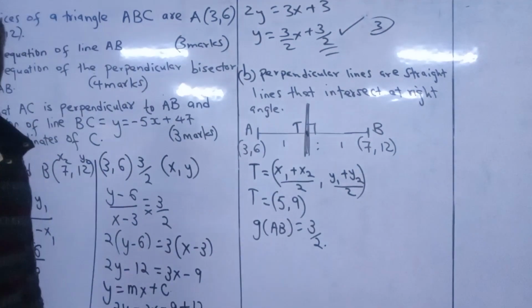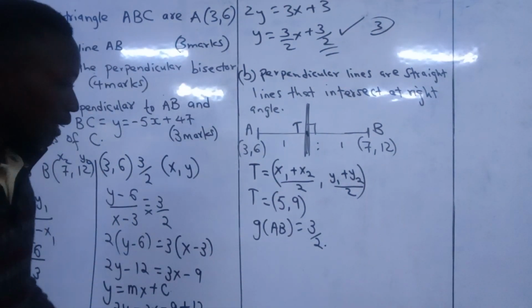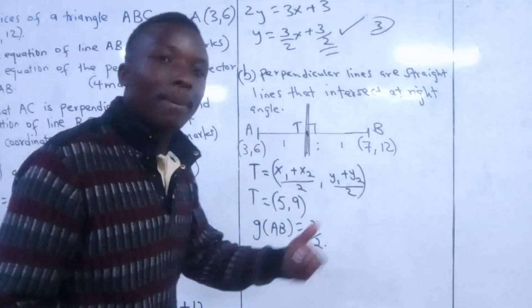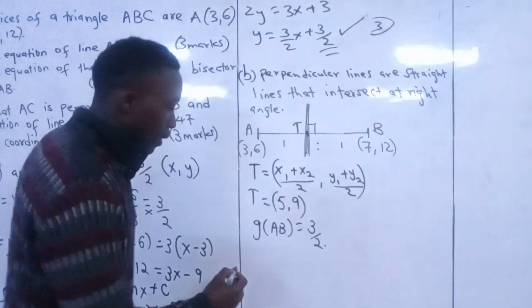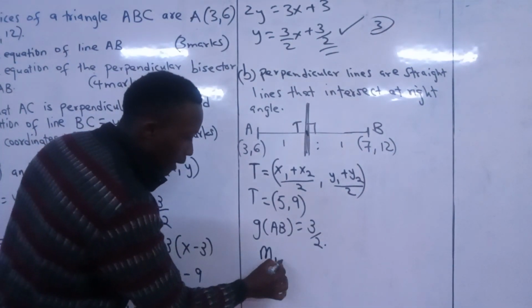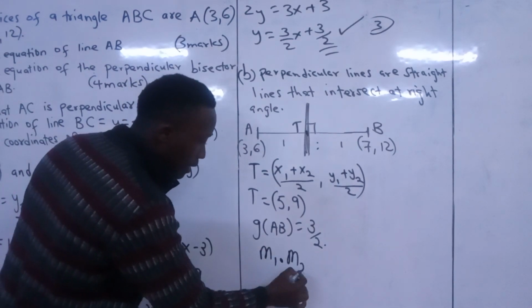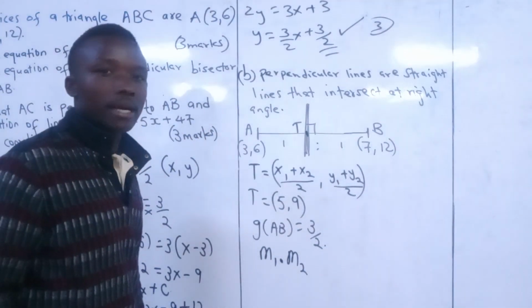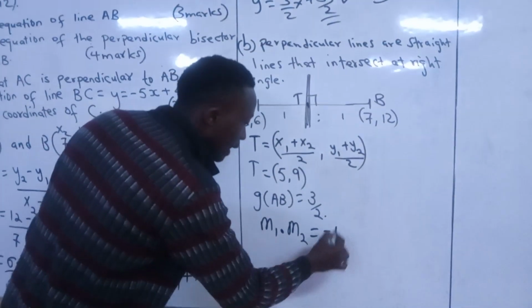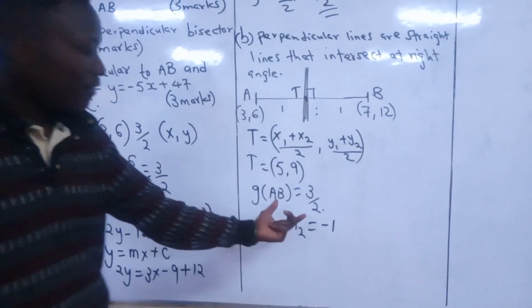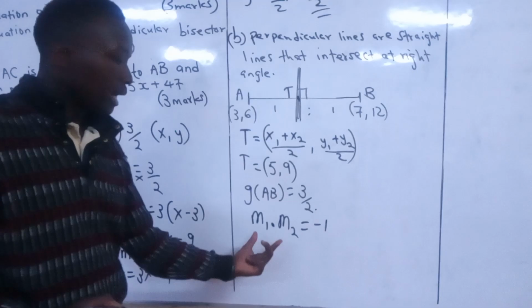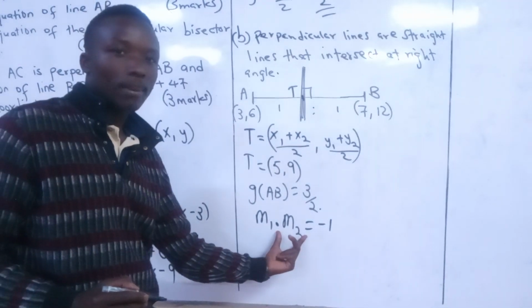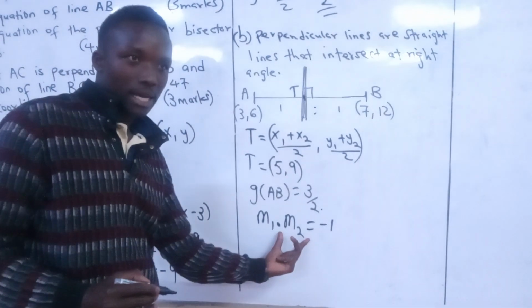And we know that for us to determine the gradient of the perpendicular bisector, when we multiply the gradients of 2 perpendicular lines, that is m1 times m2, we get -1. So having the gradient of AB, we can get the gradient of the perpendicular bisector, given as m2.